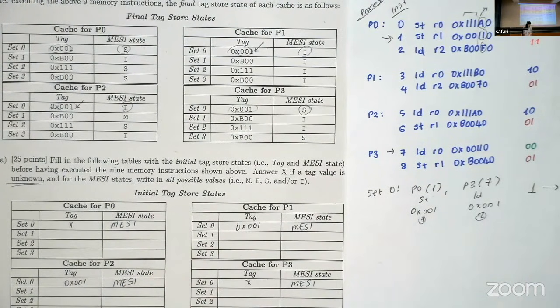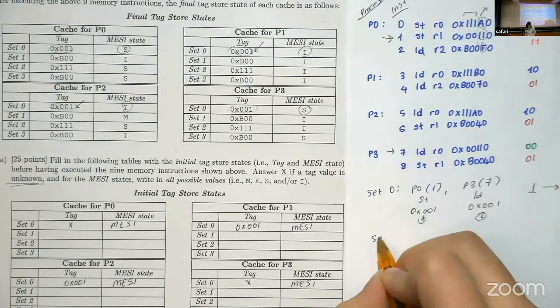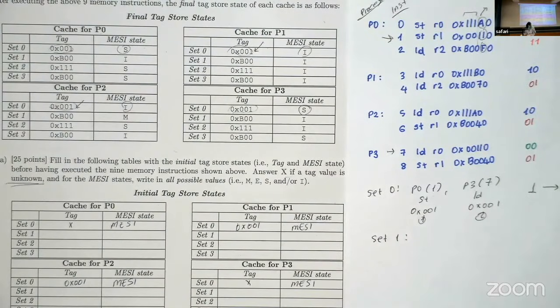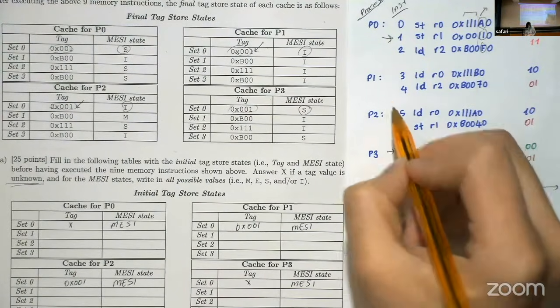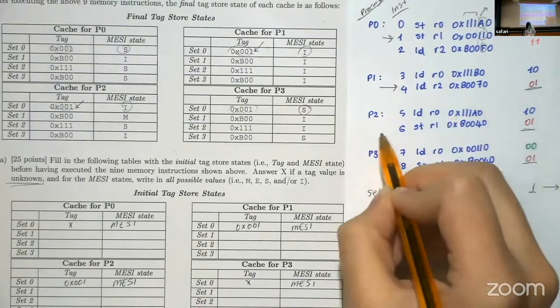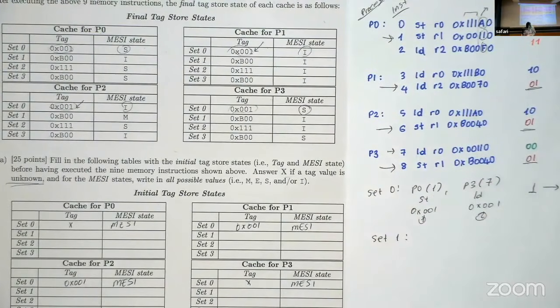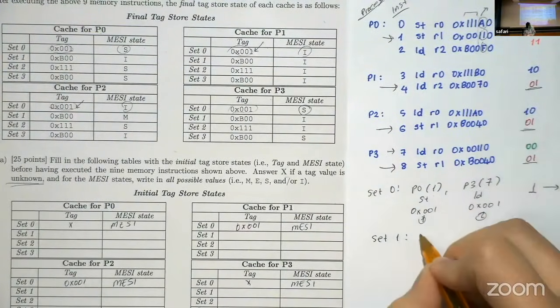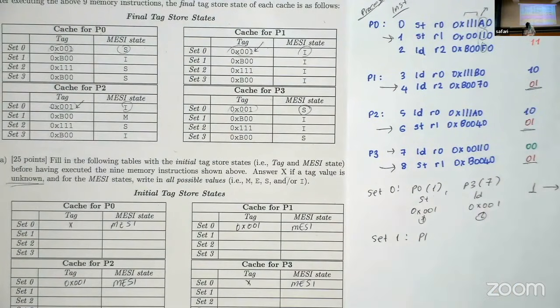Okay. So let's do the same thing for set 1. When we check our instructions, we see that set 1 is used here. The first one is the instruction from processor 1, which is the 4th instruction.